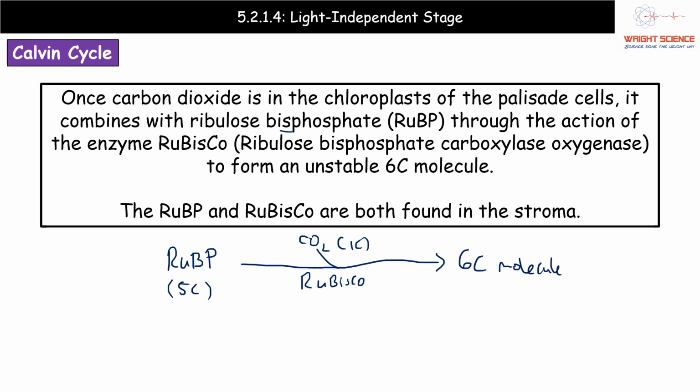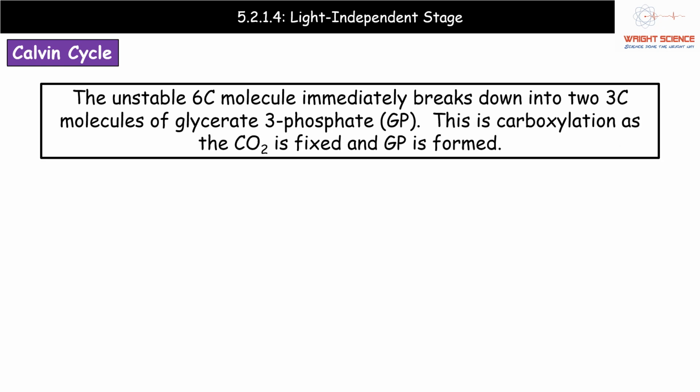Now, we don't need to know the name of that 6-carbon molecule, just that it gets converted. Both the RuBP and Rubisco are found in the stroma of our chloroplast, hence this is our location.